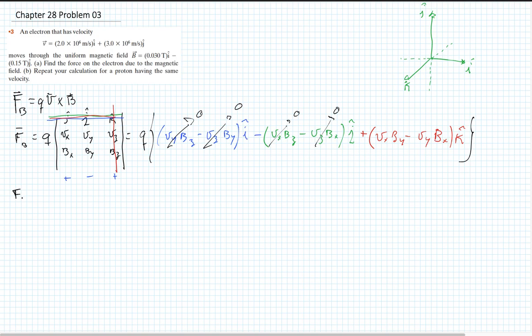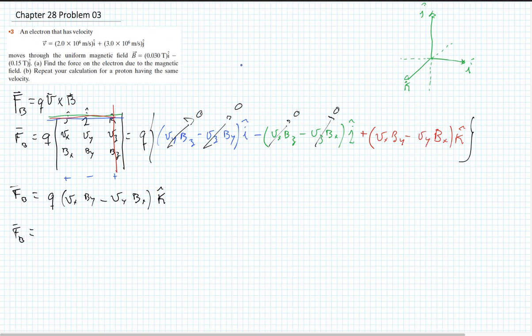So now FB, it's going to be my force, will be the charge of this guy times what? Vx By minus Vy Bx, direction K. Right? So we just need to plug in the numbers here. And we are dealing with electrons, right?